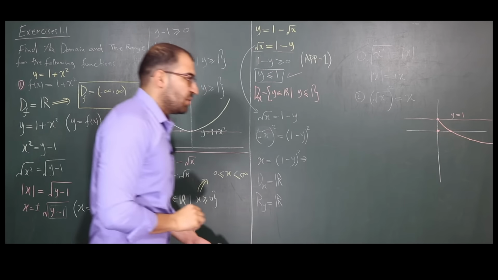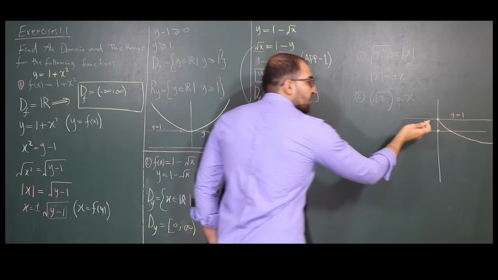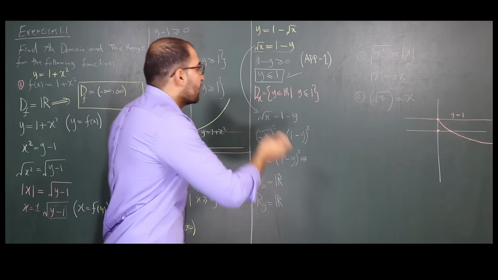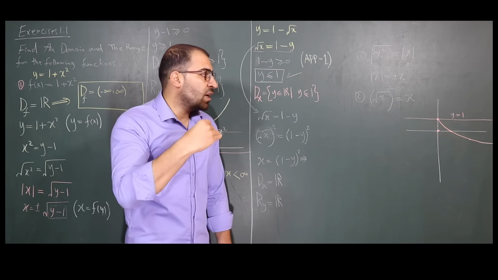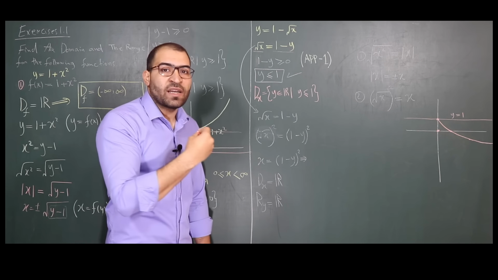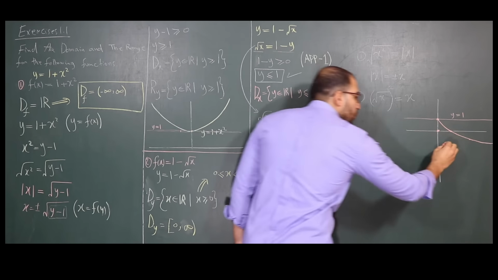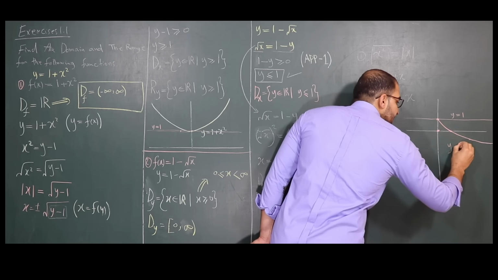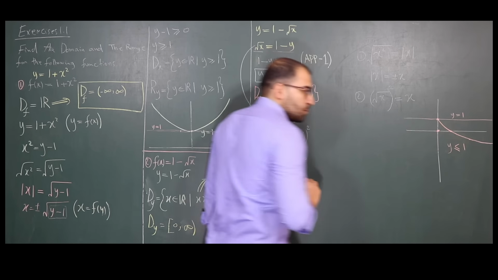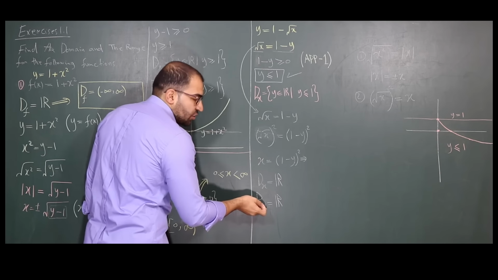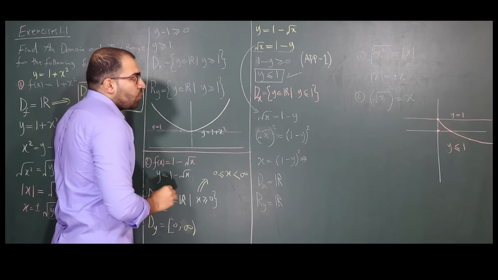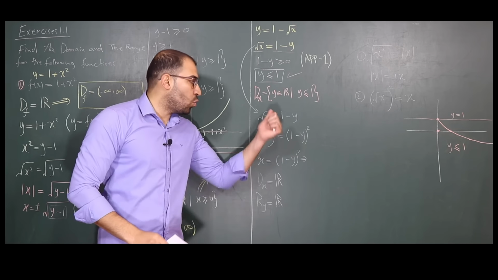This is the maximum value, and the output of this function is always less than or equal to 1. So always the output y is less than or equal to 1. So the range of the output of the function cannot be all R. So how can we solve this problem?